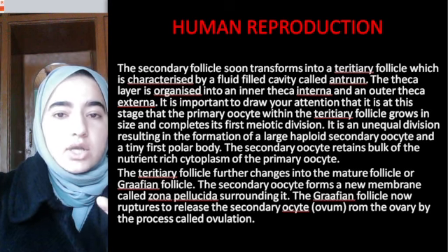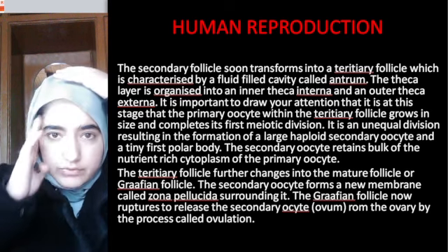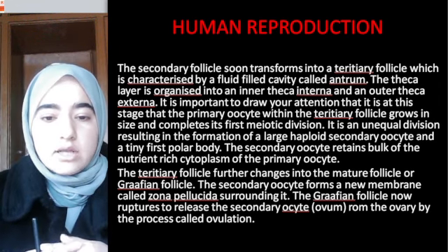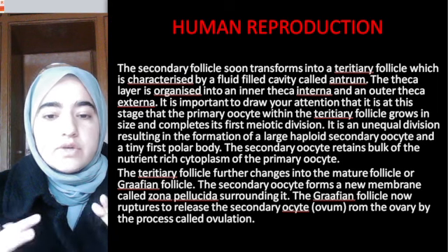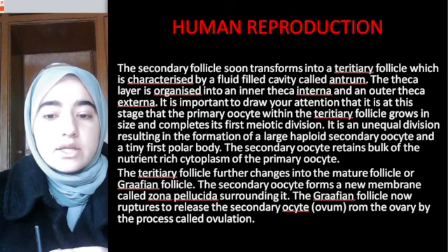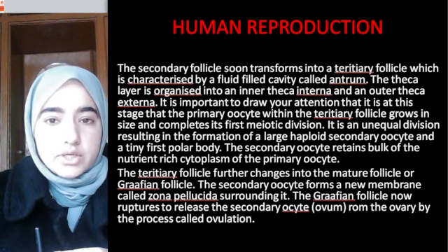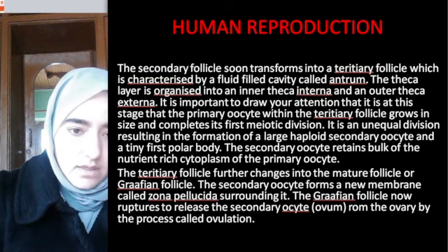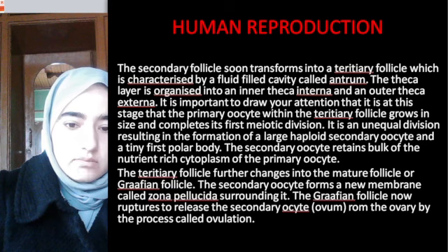After the tertiary follicle gets converted into the Graafian follicle, it will rupture and release the secondary oocyte, or we can call it the ovum, from the ovary by the process known as ovulation. Okay, the Graafian follicle ruptures to release the secondary oocyte by the process known as ovulation.